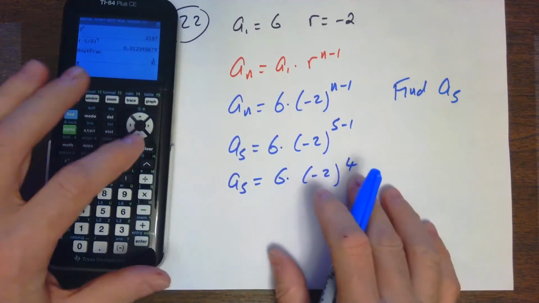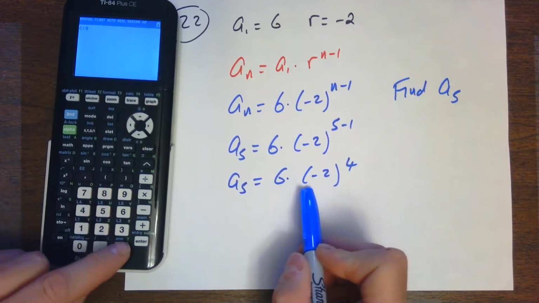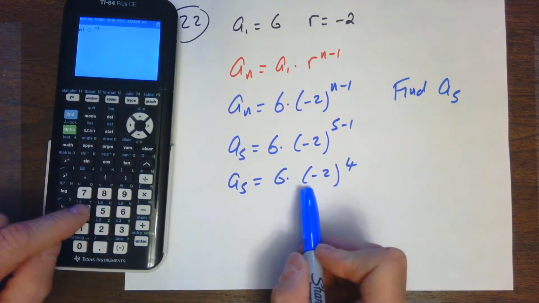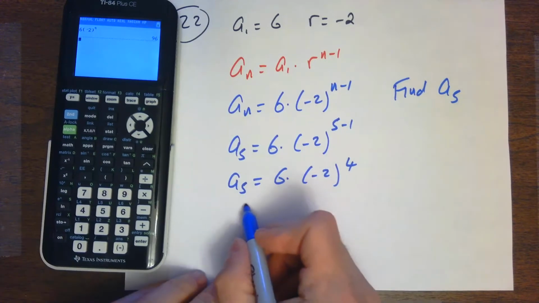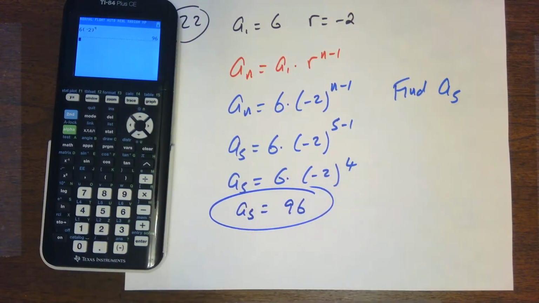Let's see. I'm going to just do the whole thing on my calculator here. 6 times negative 2 to the power of 4, and I get that the fifth term is 96. So again, very similar to arithmetic. It's just a different format.